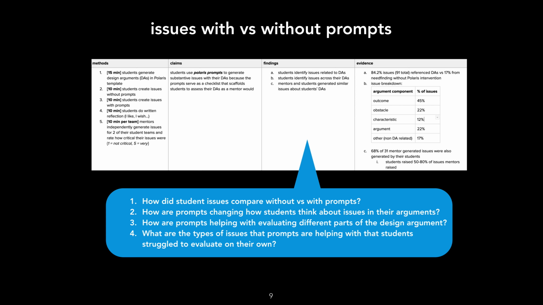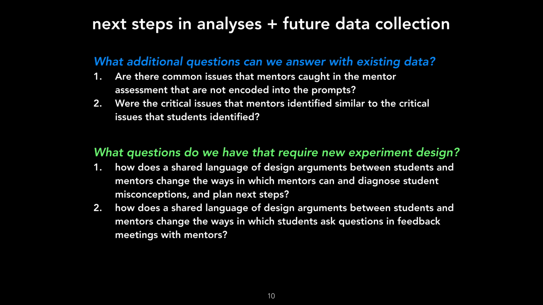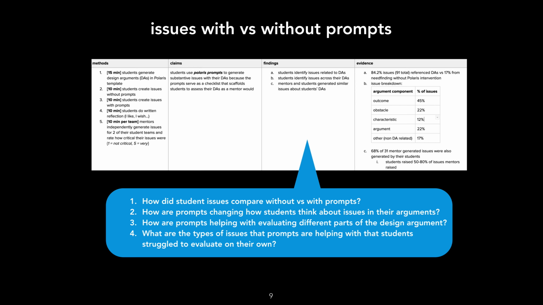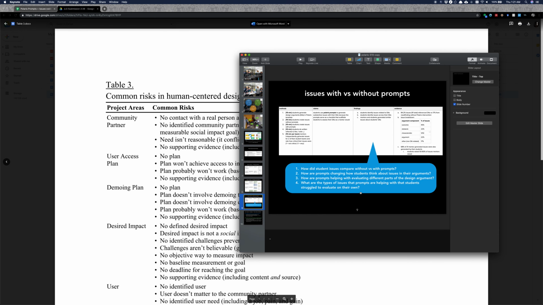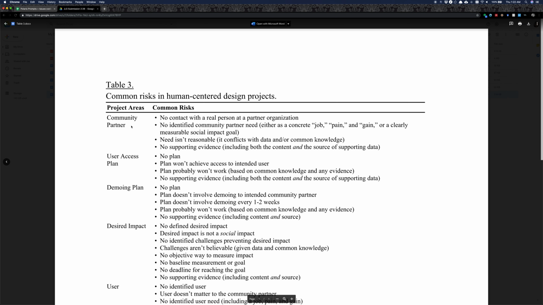Okay, so I wanted to jump into the analysis that we did. One of the first tasks that I did was really relating back to the prior work that we had done. We had been working on a similar project in another design studio setting.